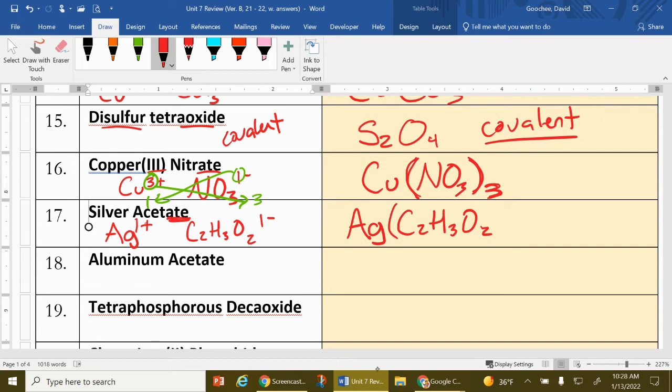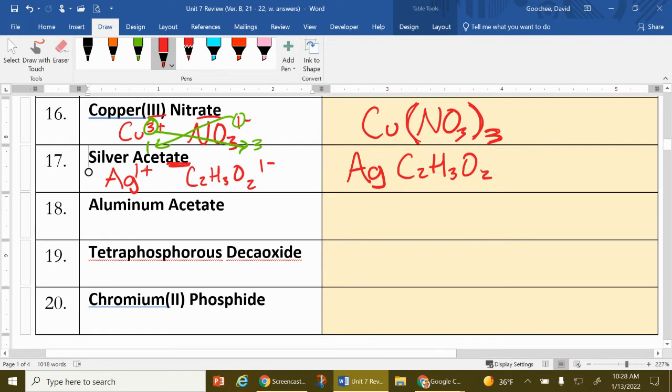If it helps you to put this acetate in parentheses, even though there's only 1 of them, to remind you that there is just 1, then you can do it. But just know that pretty much every chemist in the entire world wouldn't bother with parentheses if there was just 1 acetate. So Ag C2H3O2, 1 silver and 1 acetate. Job done.